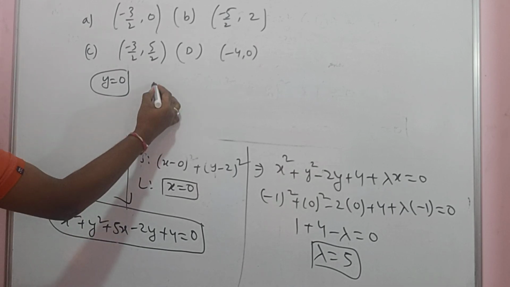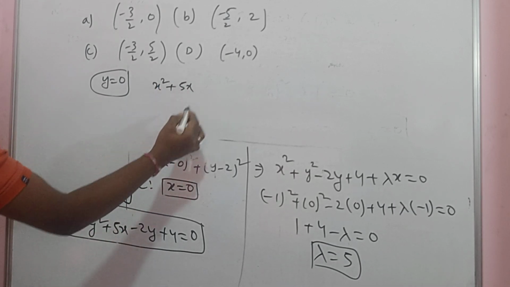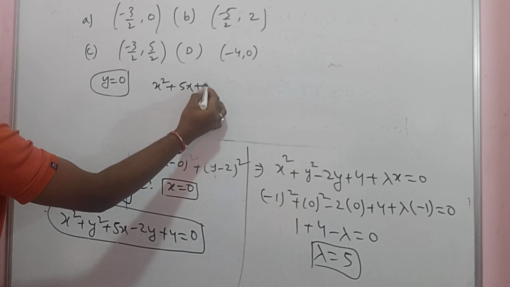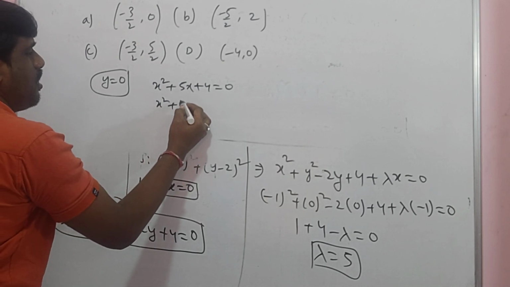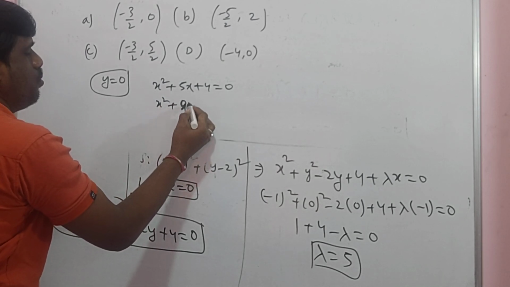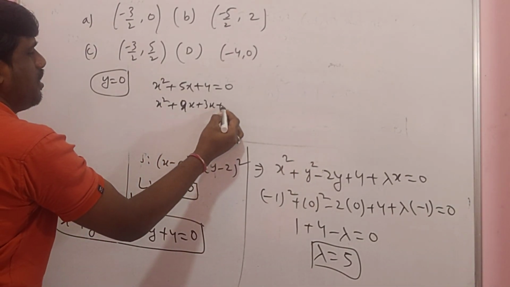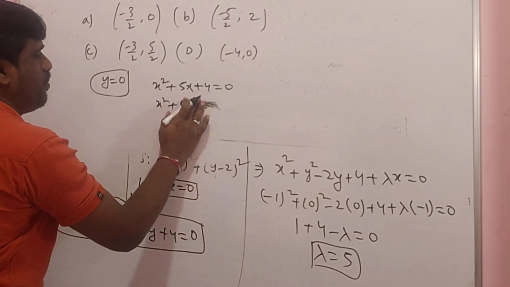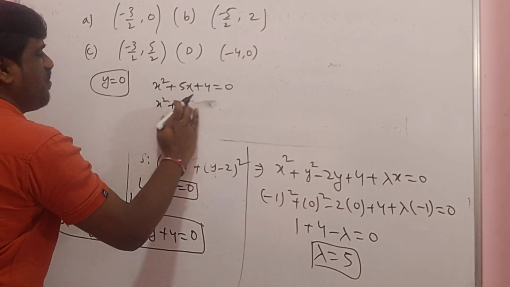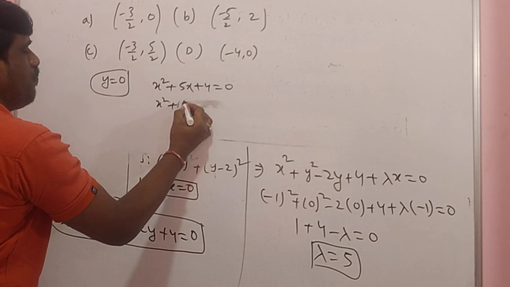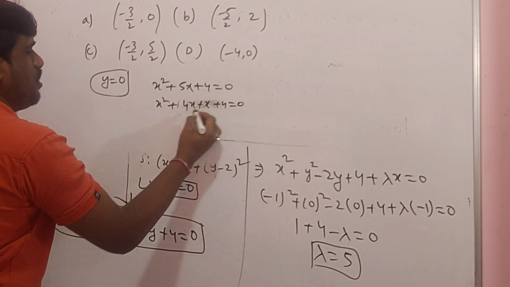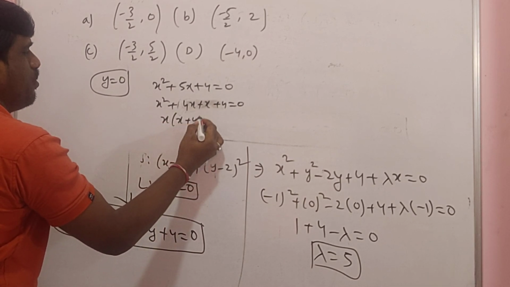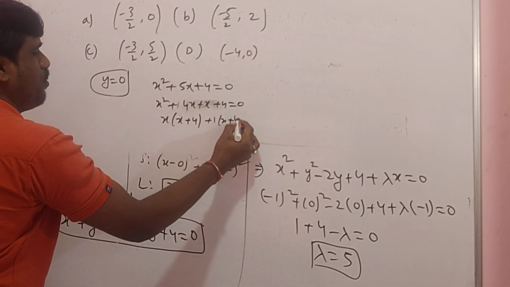If I substitute y equal to 0, I get x square plus 5x plus 4 is equal to 0. I can write this as x square plus 4x plus x plus 4 is equal to 0. Taking common factors, x into (x plus 4) plus 1 into (x plus 4) is equal to 0.